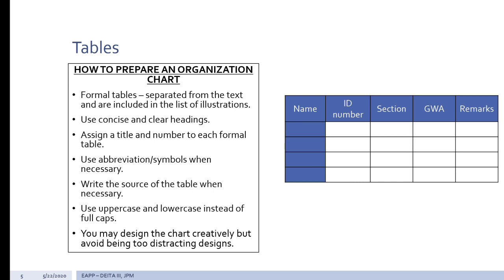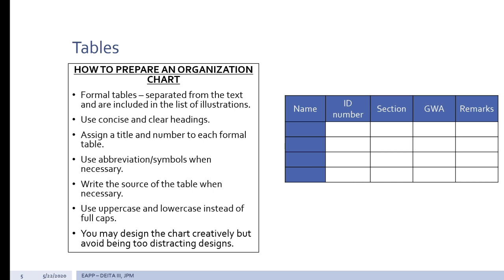I can hear you asking what is a formal table. Usually, a formal table is that particular table that you separate from your text. Let's say, on the first page, you have different kinds of tables with captions, just a brief description of that particular table.